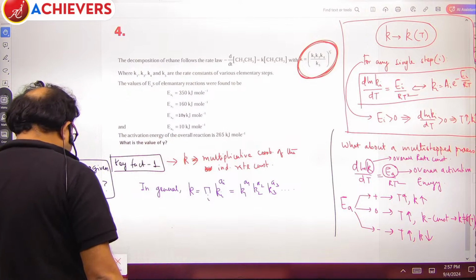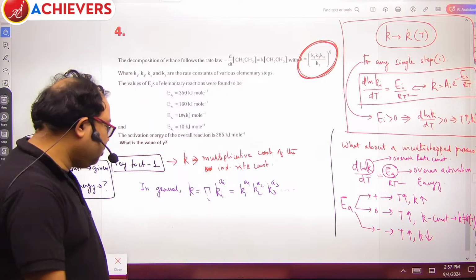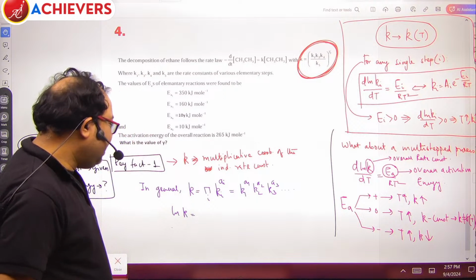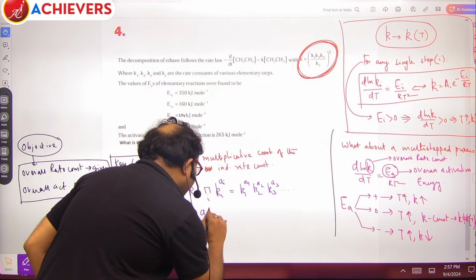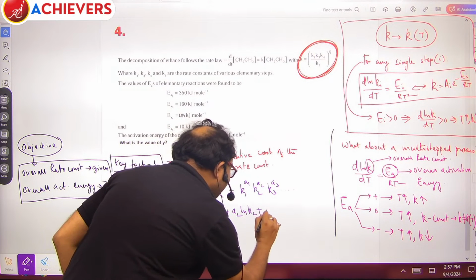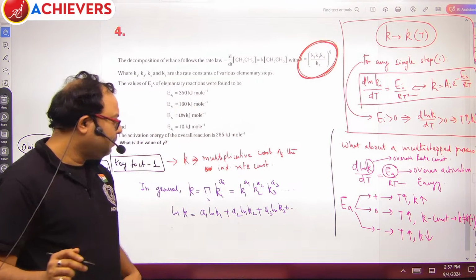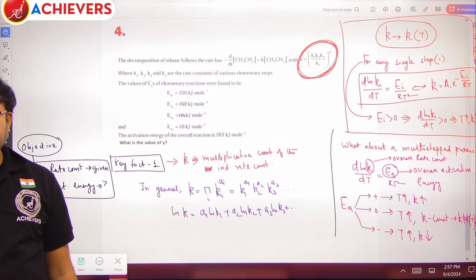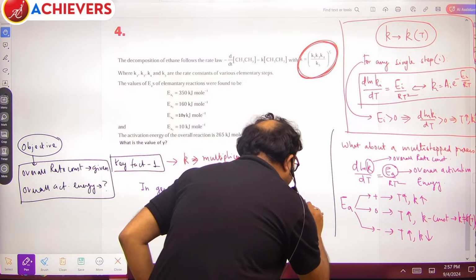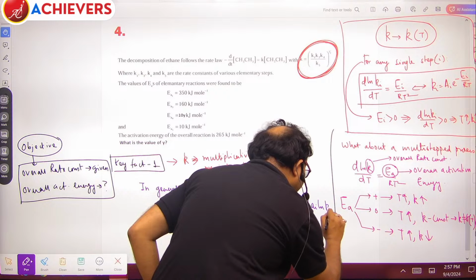So what is the general procedure? At first you take log of both sides. ln k equal to A1 ln K1 plus A2 ln K2 plus A3 ln K3 and so on. You can write it in this way. So basically it becomes a summation series, summation of Ai ln Ki.